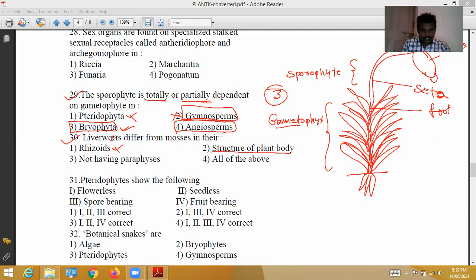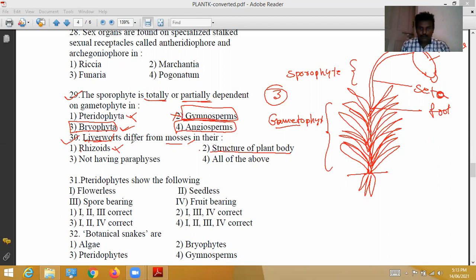Actually the liverwort body is different and the moss body is different, so the second is also a difference. Earlier I said rhizoids are common, but sorry, they are different: in liverworts the rhizoids are unicellular, and in mosses they are multicellular. The structure of the plant body also differs.